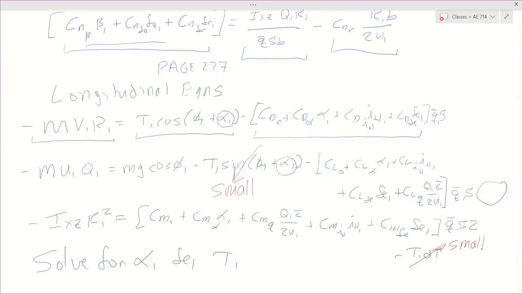So that allowed us last time and this time to solve just the bottom 2 equations by themselves for alpha and elevator. And then we go back up to the drag equation when it's all done, and then we solve that for the thrust. And we can leave this cosine in there because we already know alpha. So exact same strategy here.